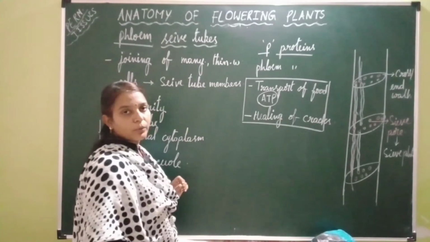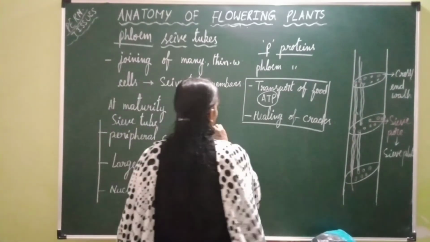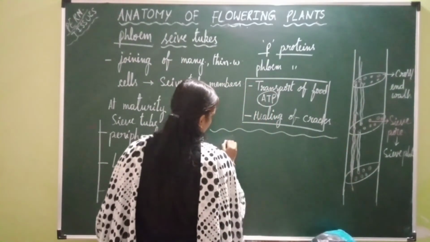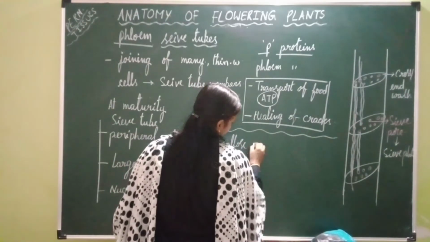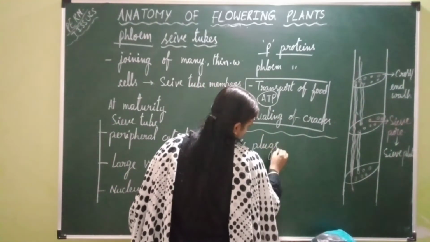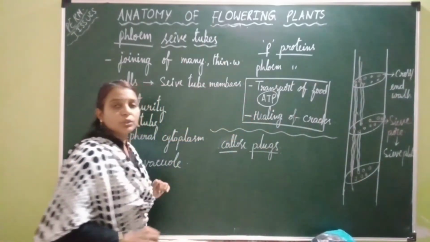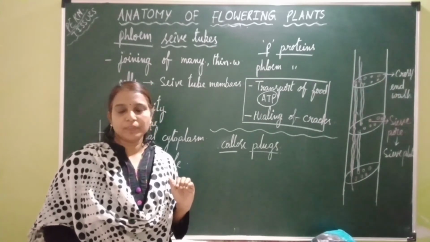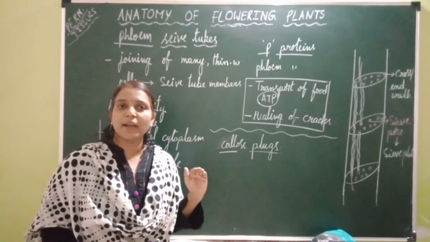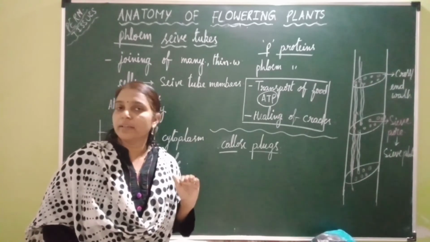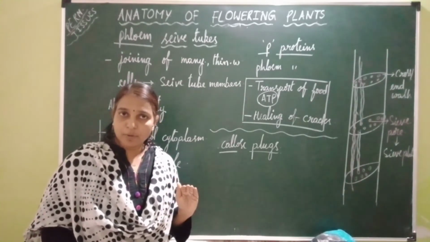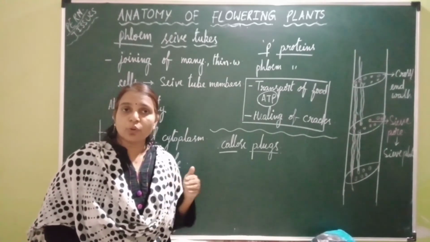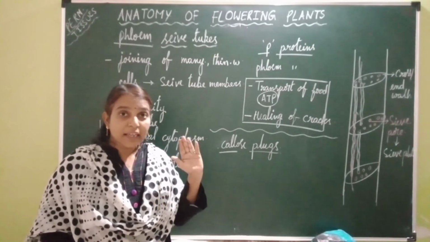So this is about phloem proteins. Along with phloem proteins, I want to discuss one more point here, that is callose plugs. So actually, during unfavorable conditions, that is the late growing season, the season in which growth of plant is not taking place and formation of new leaves is not taking place, transport of food through the sieve tube must be reduced.